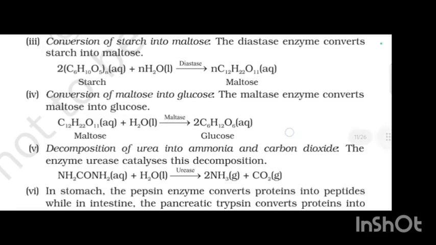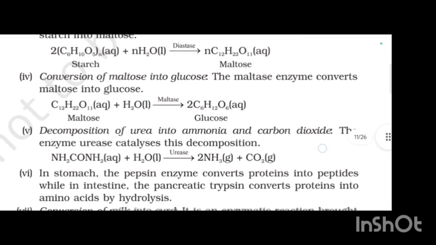2(C6H10O5)n aqueous starch plus nH2O liquid in presence of diastase gives nC12H22O11 aqueous maltose. Fourth, conversion of maltose into glucose.